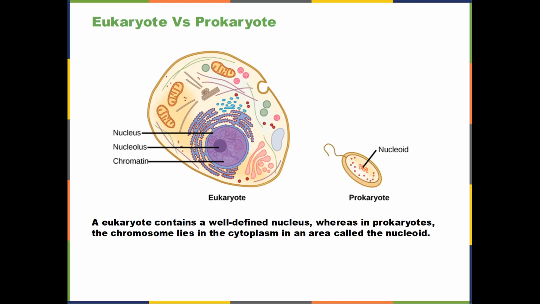So how does it get this long length of DNA inside of such a small package and still have room to do other things inside of it? And what it does is something called supercoiling. So the DNA gets coiled up, and it begins to coil up on top of itself. It becomes really compacted.